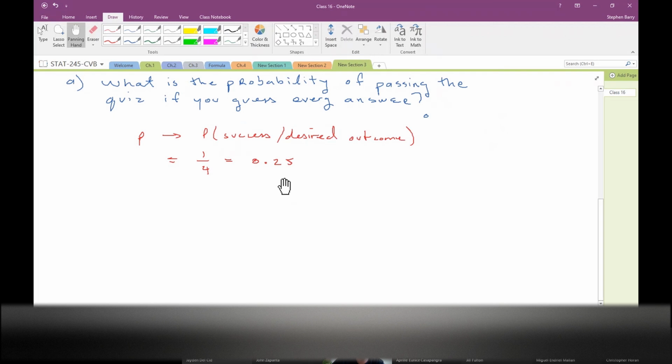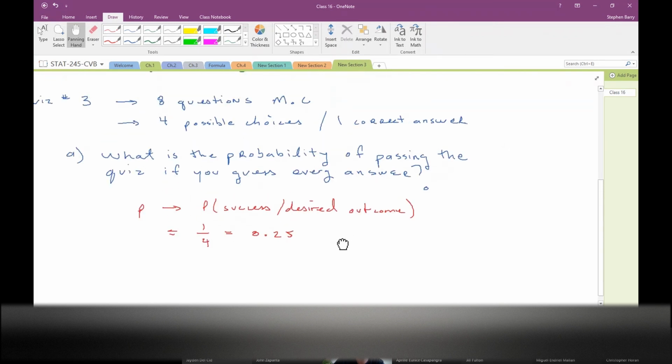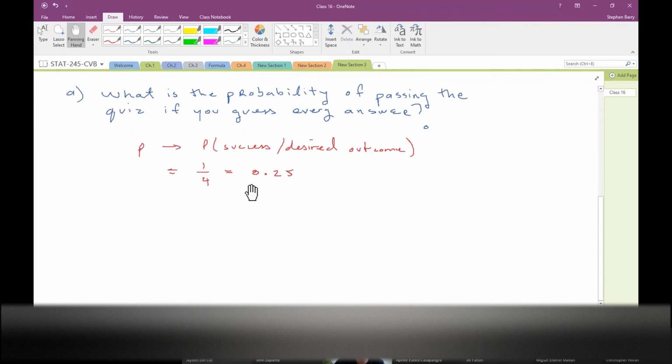So let's say you wanted to figure out what's the probability of getting them all right. What's the probability of getting 100%? Well, that means that on every single question, there's 8 questions, you have to get them all correct.